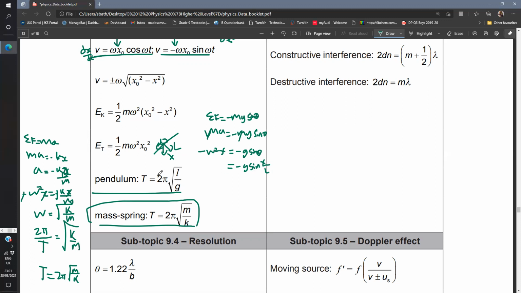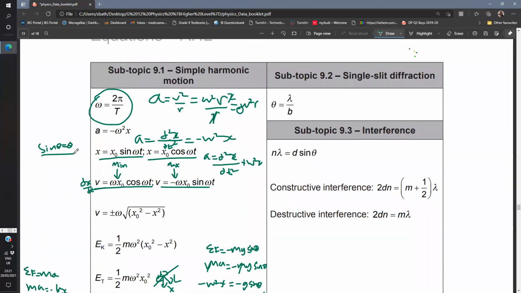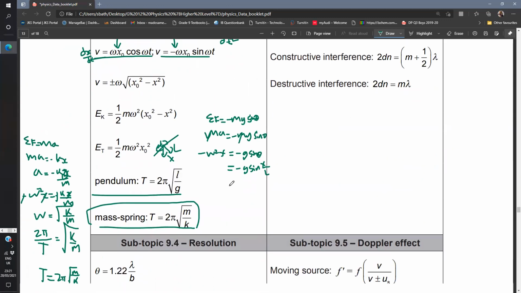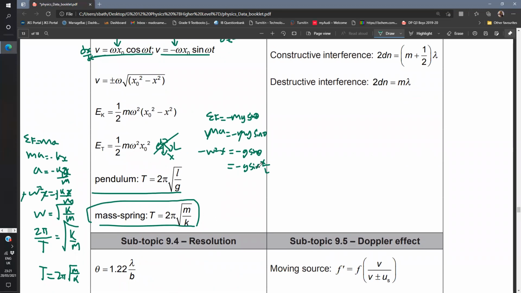And then we also said that we apply this concept, and at small angles, this will be minus g x over L. So x and x cancel, and the negative signs cancel.